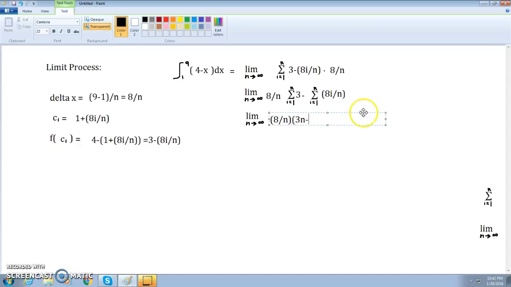We could drag out this 8 over n to the front, so we could just find the summation from 1 to n of i. All simplified out, that would be minus 8 over n times n times n plus 1 all over 2.